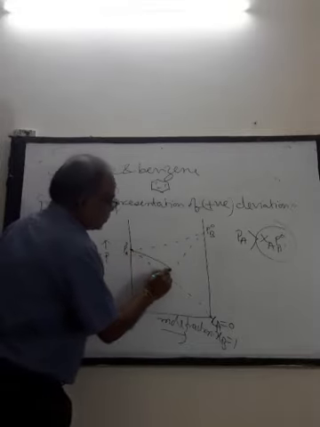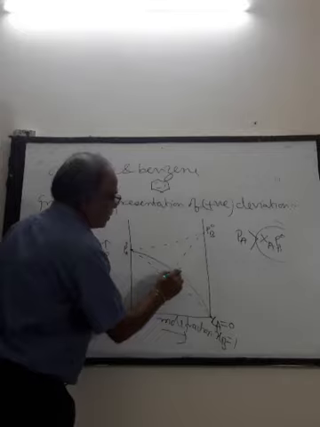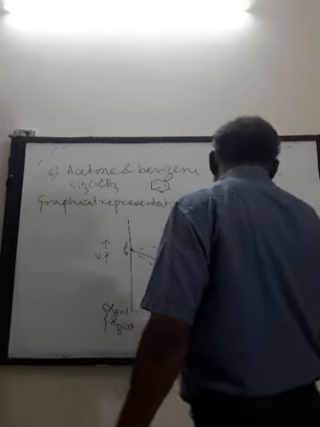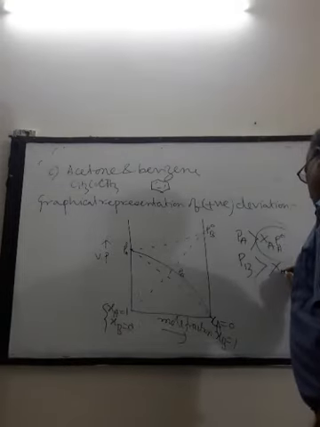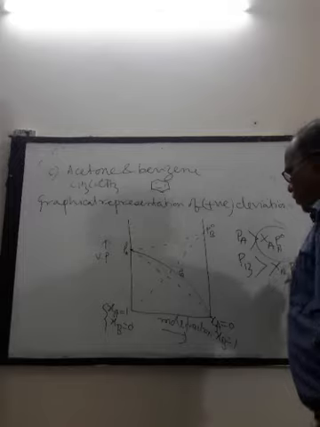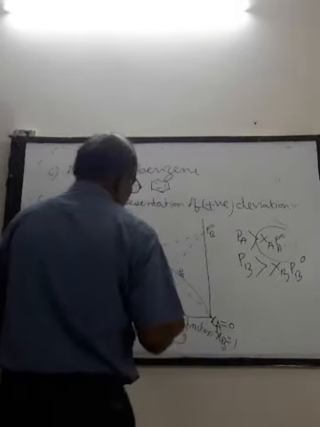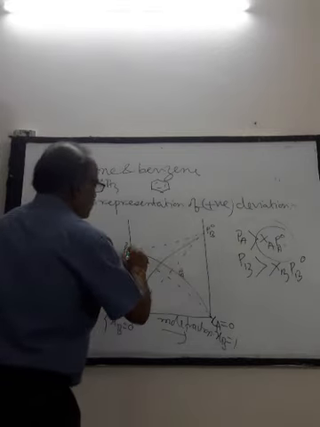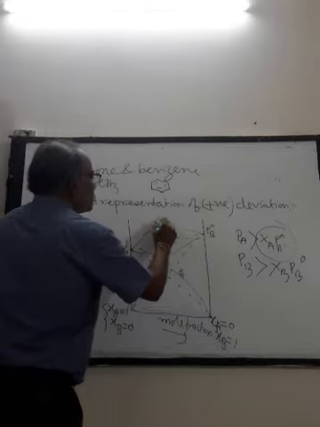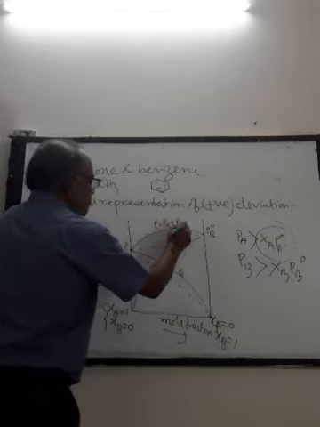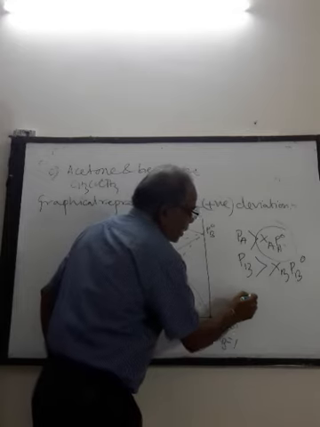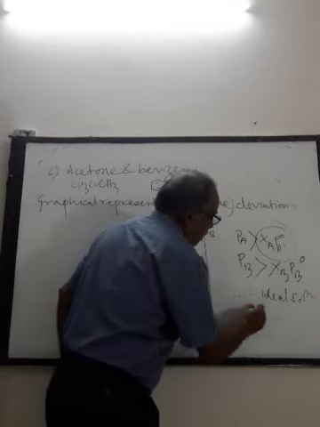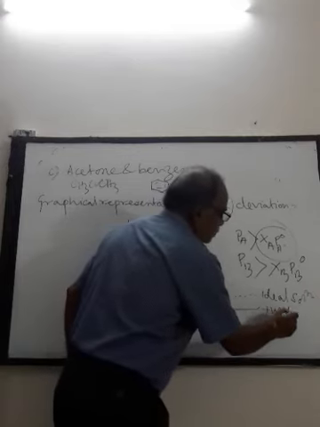So here this is for A, that is PA. Again PB is greater than XB PB naught. So here the dotted line represents the ideal solution and the bold line represents positive deviation.